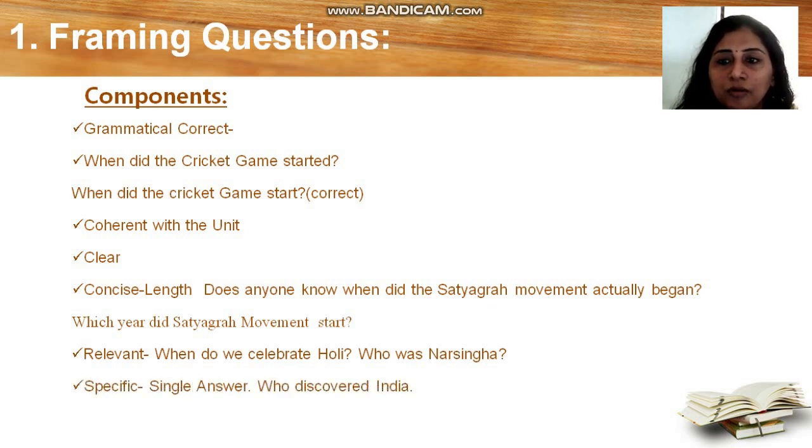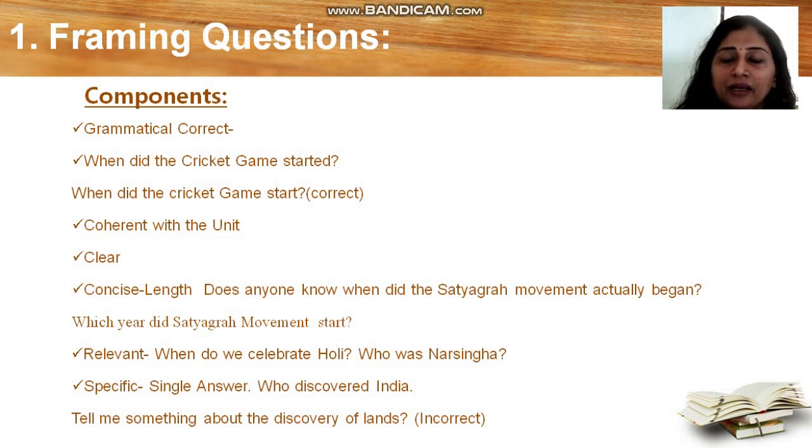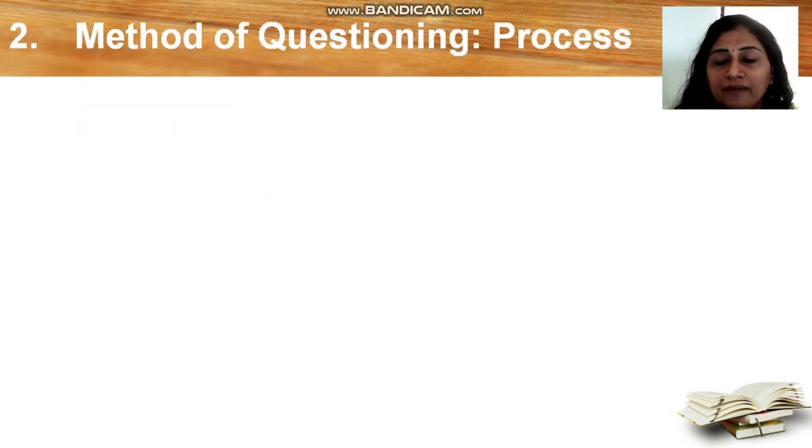A question has to be specific and targeting certain words, single answers. Those kinds of questions are very well understood by the students, like who discovered India. Apart from that, if I add a vague and very elaborate boundary around it, like tell me something about the discovery, that becomes really vast as a topic. The student doesn't know where to end and where to start.